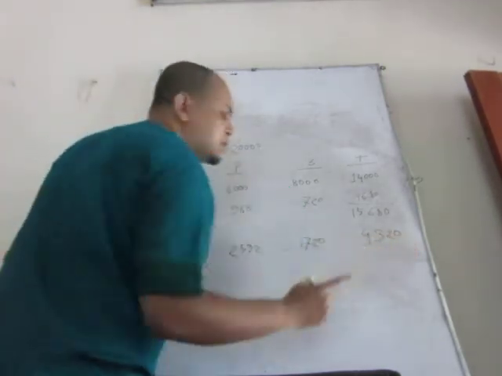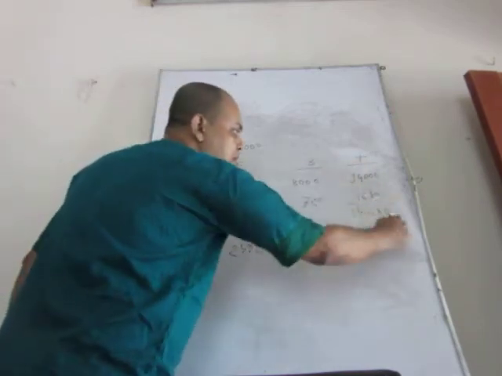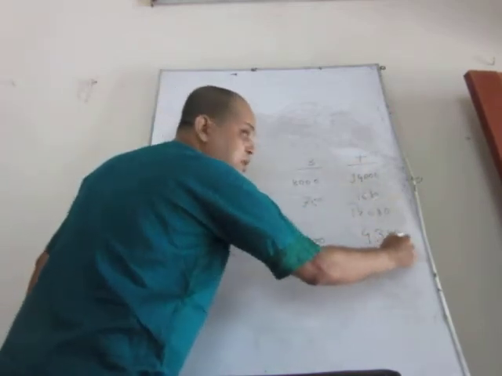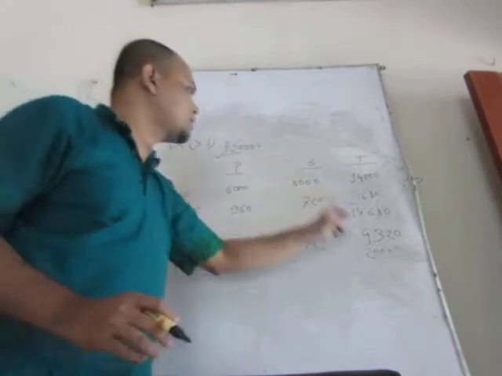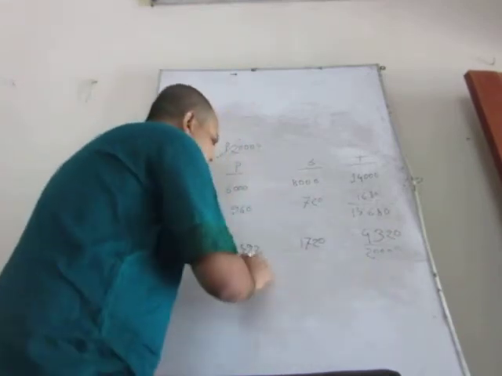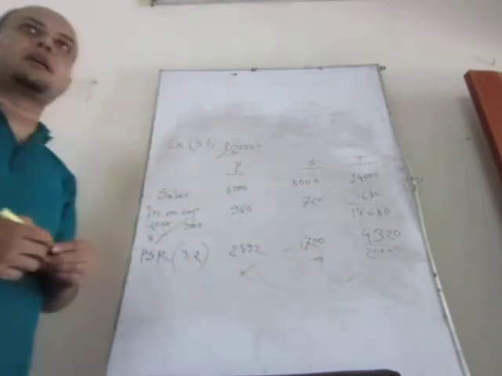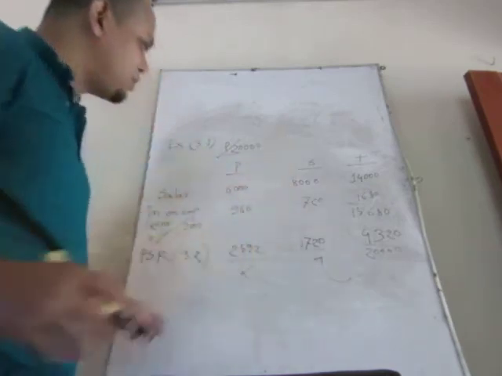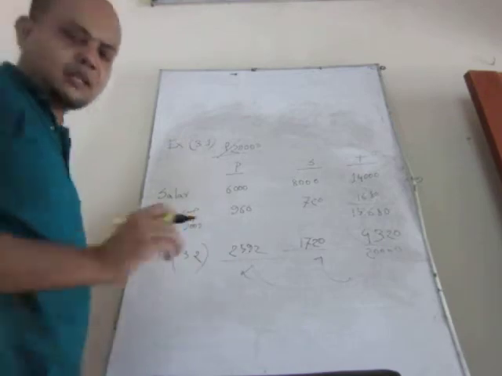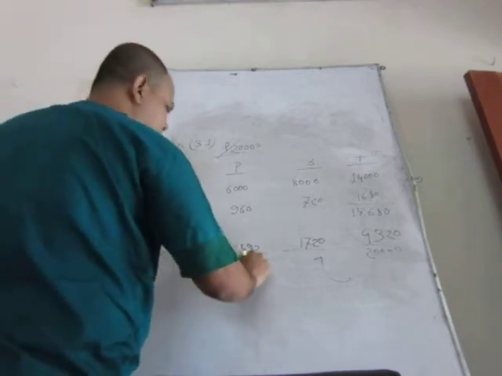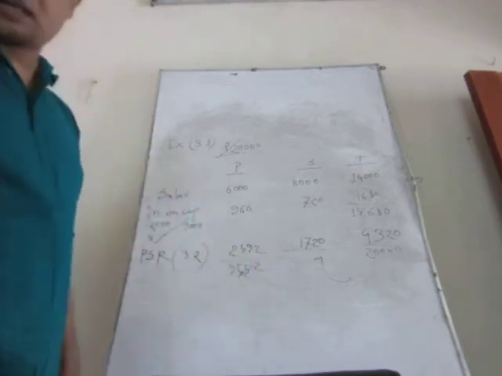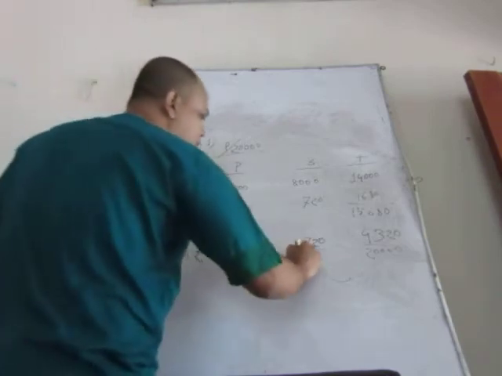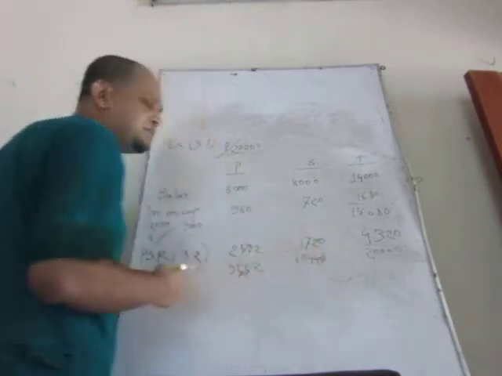See, the total amount is 20,000. That means we have distributed this 20,000 profit between Pike and Scar, two different partners. When you add up all the amounts, here it will be 9,552 and here it will be 10,448.